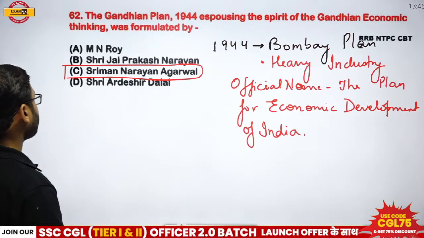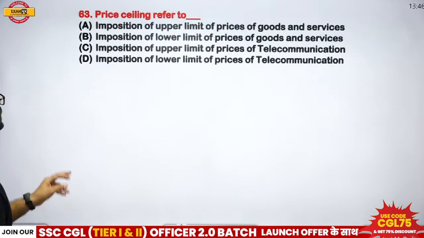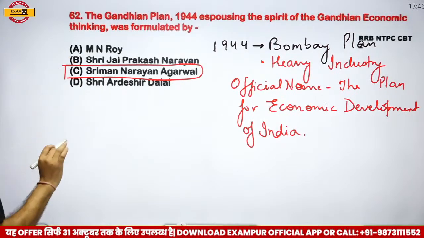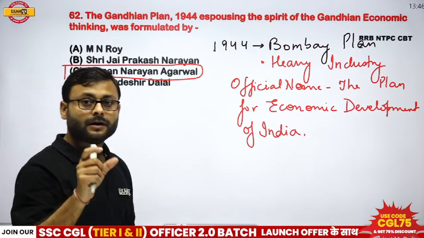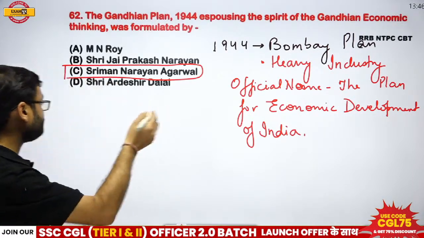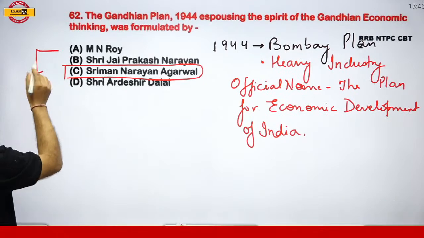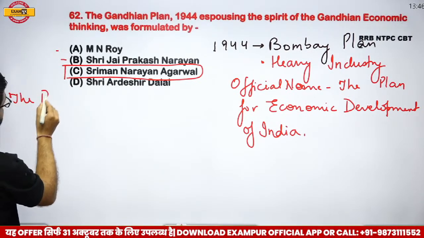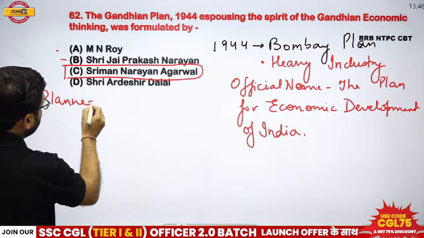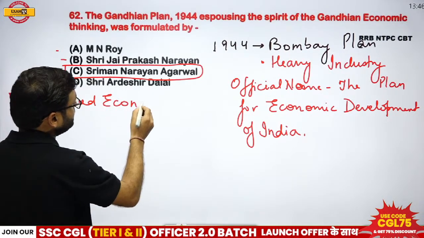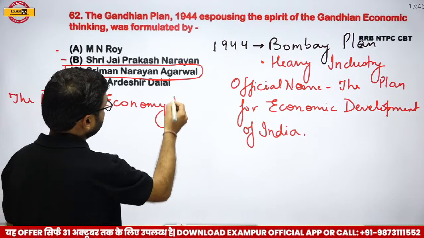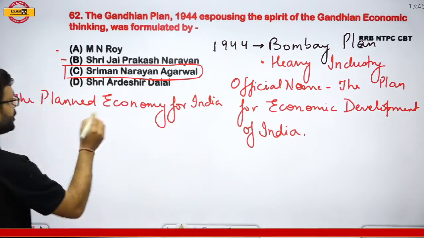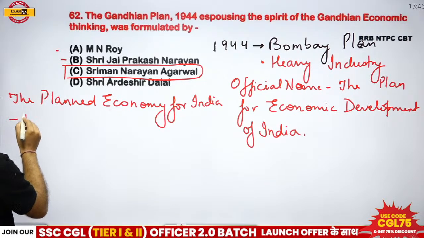And if we talk about M.N. Roy, he was the person who presented the first development of economic planning in India. Okay, M.N. Roy. You have to remember Planned Economy for India, a work published by M.N. Roy.